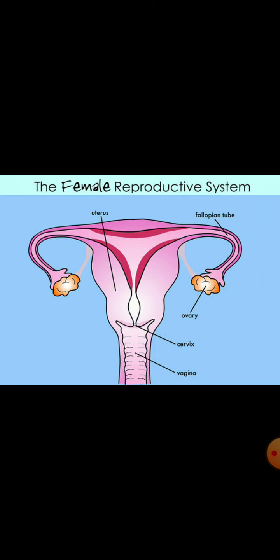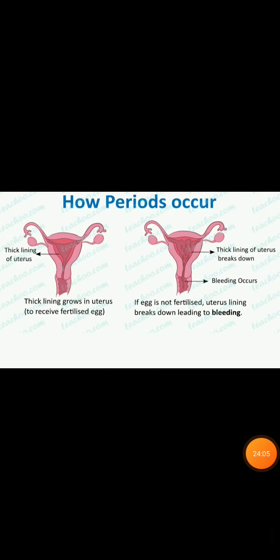And as I said, it happens every month and is known as menstruation or menstrual cycle. Again, I am repeating the definition. It is the process of bleeding through the vagina due to the breakage of the lining of the uterus. Menstrual cycle is also known as periods.